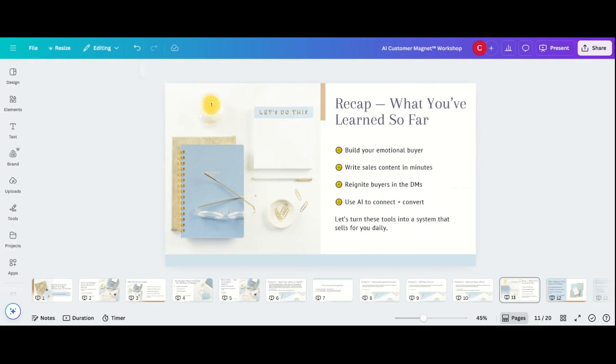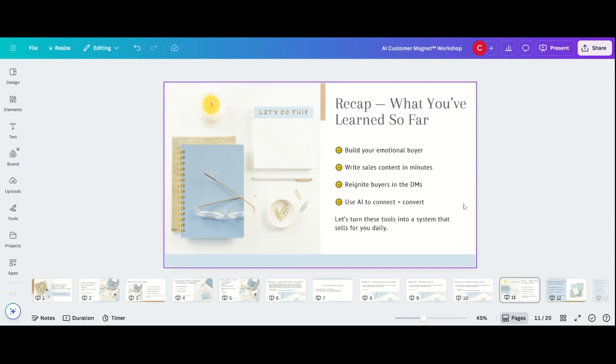Say, okay, let's try a different customer, and give it a different name and different information, like choose a different age, tell it something different about that customer so that it gives you some completely different information. So this is going to help you, as you saw, it will help you speak emotionally to your customers.